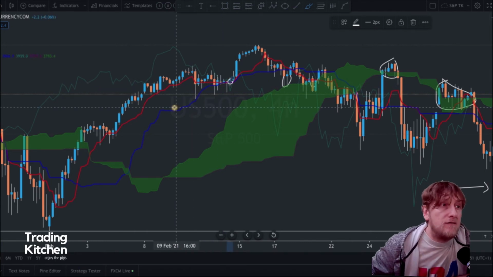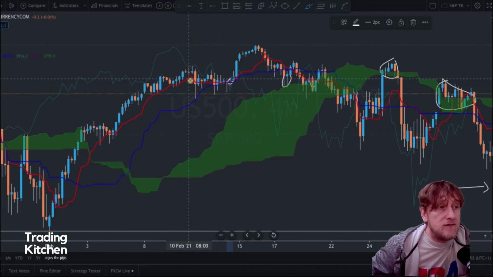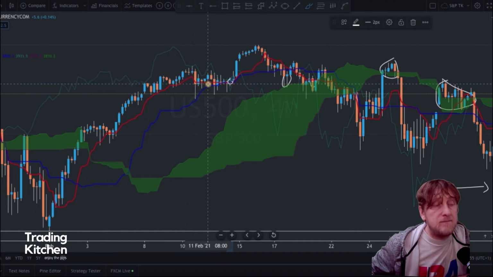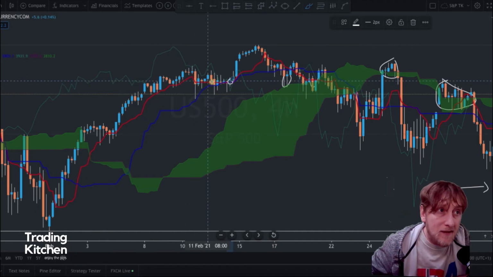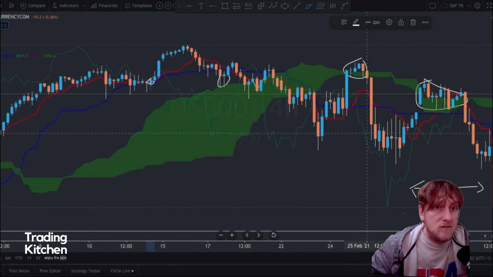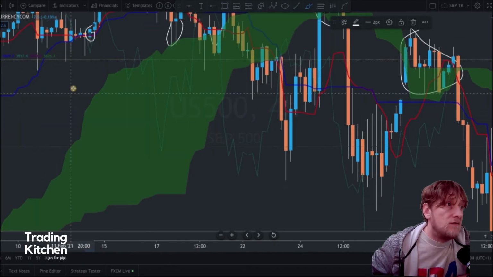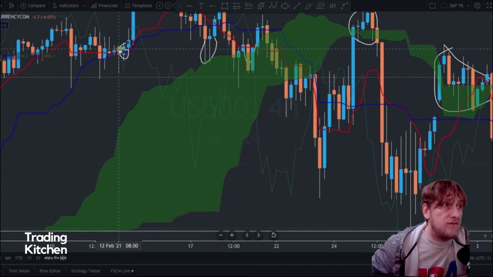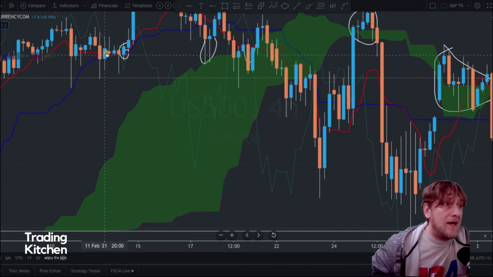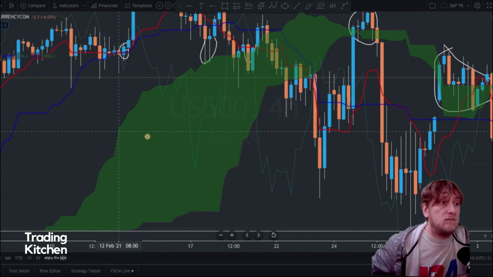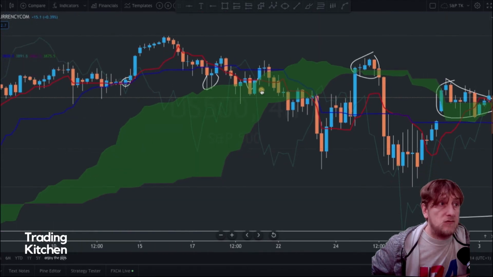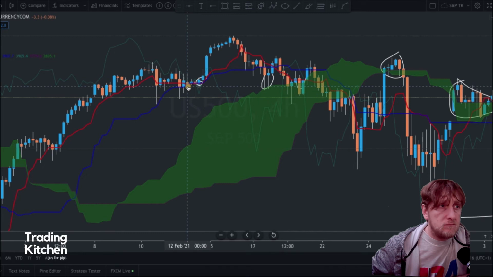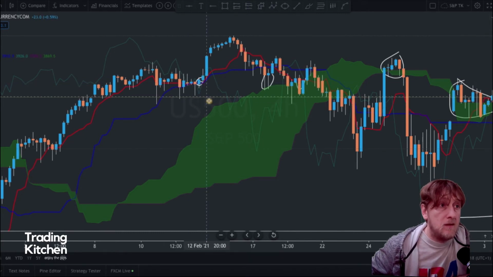Because first, the cross line gets closer to the baseline to reach and cross it, from above to below, and then crosses again from low to high. So this is a very good signal.